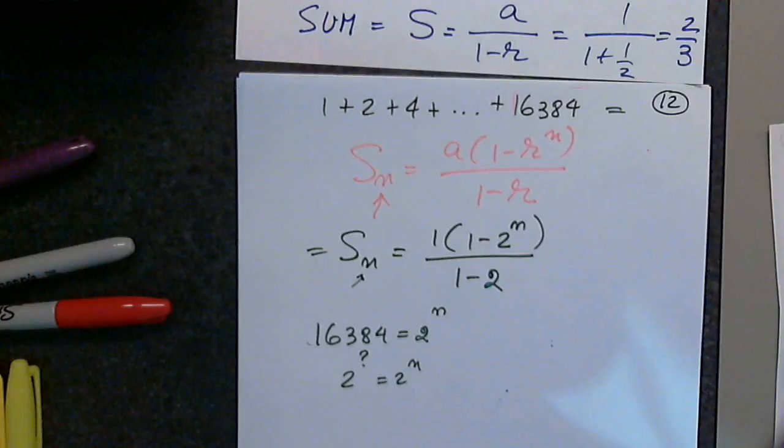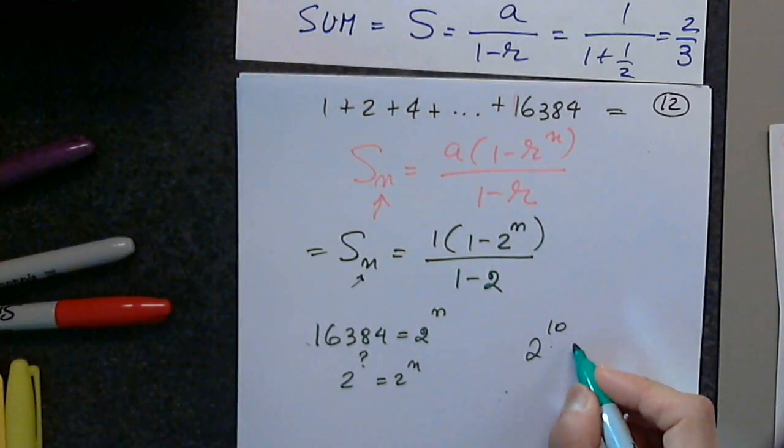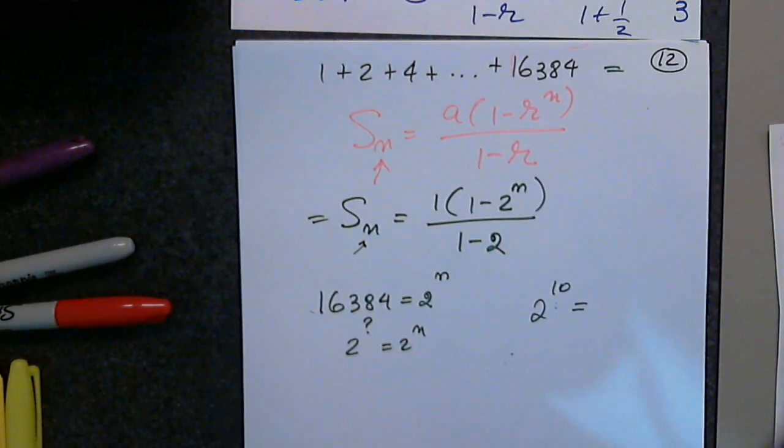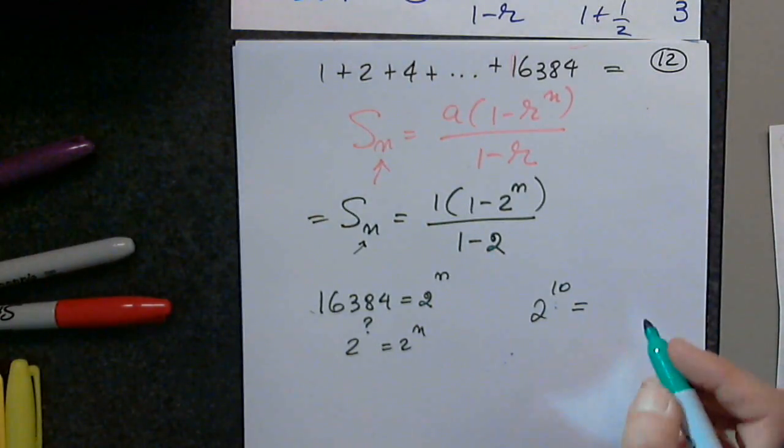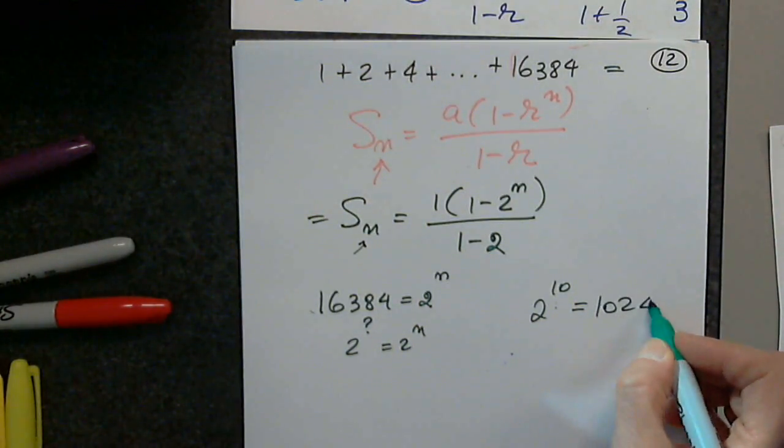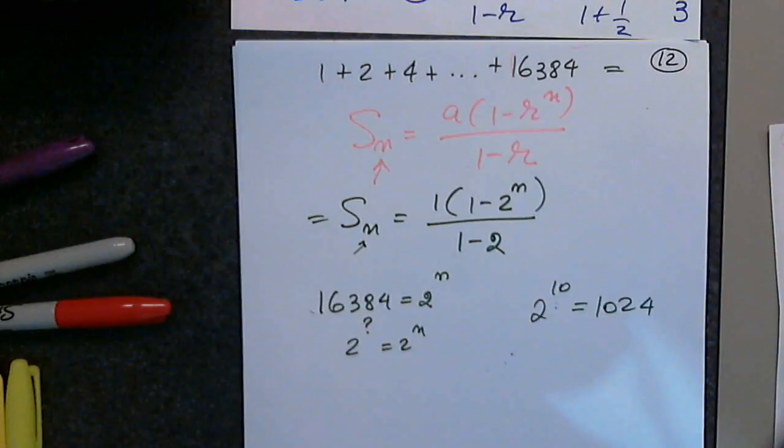So we do know that 2 to the 10th, from your experience in computer science, is 1024. So if you raise 2 to the 10th power, then you know that that is 1024. We should know that number. Yeah. Okay.